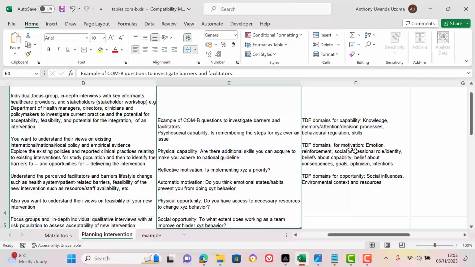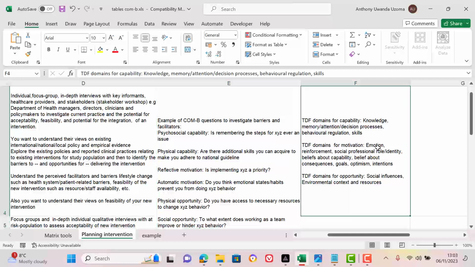For motivation, the TDF domains are emotion, reinforcement, and social professional role. That means how you see yourself can also affect your beliefs about your capability. Are you able to attend antenatal care, or are you shy?